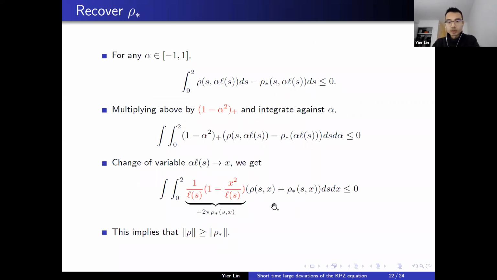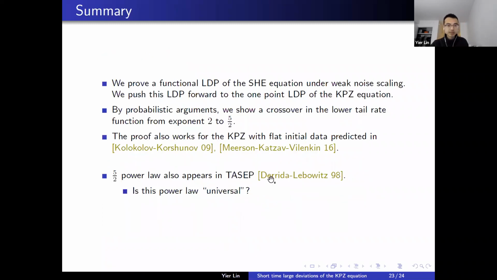Okay, so to summarize, we first prove a functional large deviation of the stochastic heat equation under weak noise scaling, and we push this large deviation forward to the one-point large deviation of the KPZ equation.